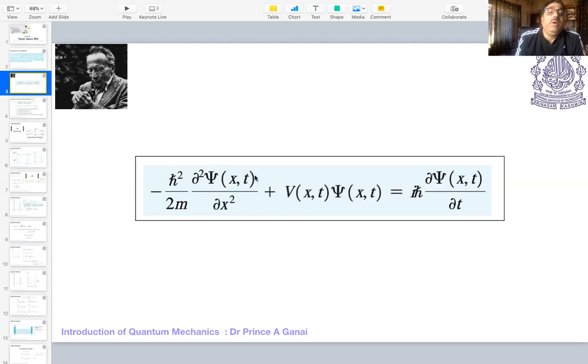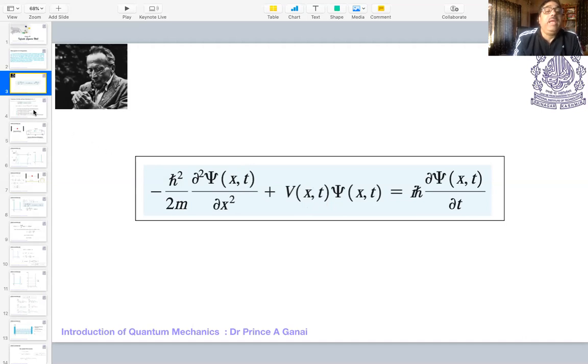What we said in our previous lecture is that in case V is independent of time, then solving this equation is not that difficult, because we are able to separate the time and space part of the wave function. We assume that the wave function is the product of space and time wave functions, and that's what we did in the last lecture.